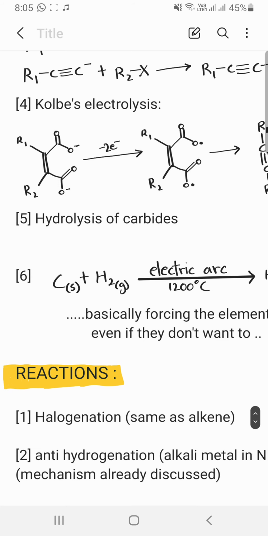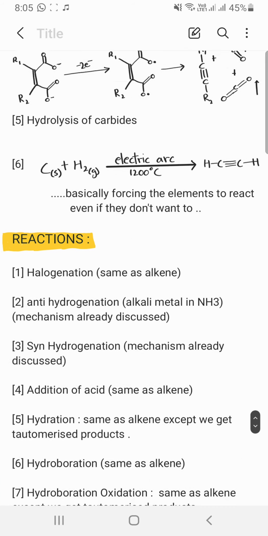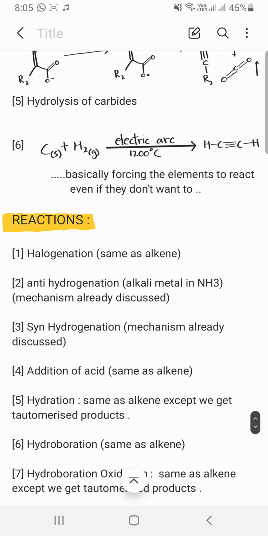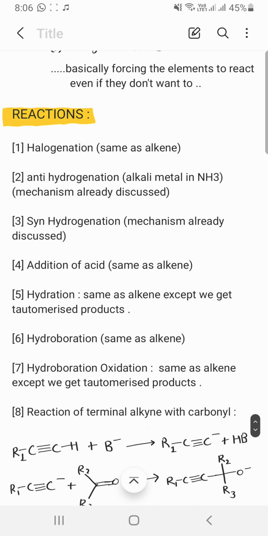Hydrolysis of carbides. Okay, cool. This electric arc method is also used to create fullerenes. Yeah. And next, whatever the thing is, its reactions: halogenation and dehydrogenation, we already got that.